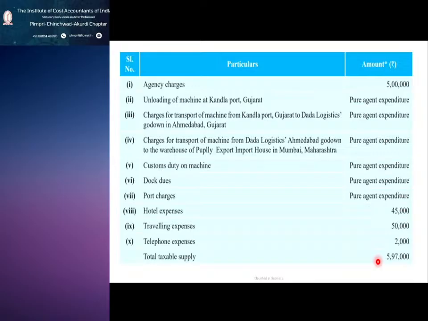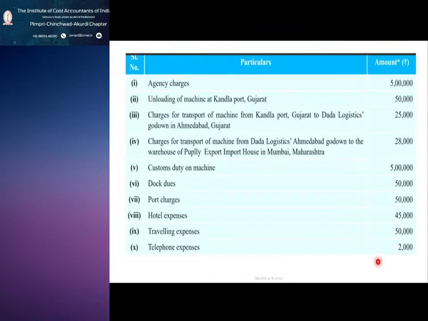Pure agent: even in the exam you will get a question to calculate the taxable value of supply as per Rule 33. As per Rule 33, it is pure agent.